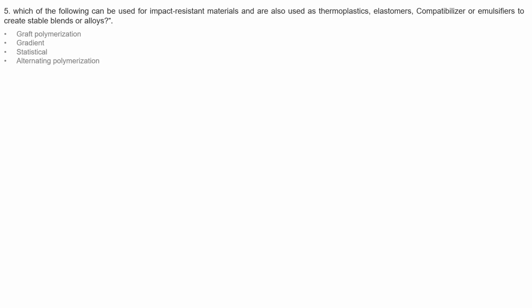But at the same time, the main linear chain of the polymer which was already existing will keep its original property as a thermoplastic, elastomer, or all of the above. So for this question, the correct answer is graft polymerization.